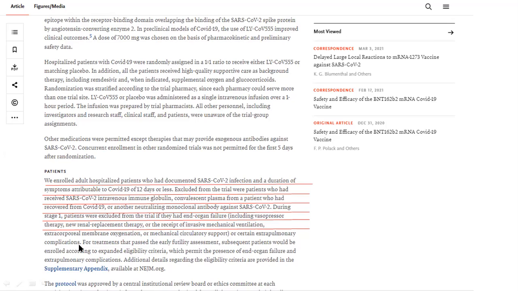So what is the purpose? The purpose here is that we are trying to check a new monoclonal antibody, and we want to see that whatever results we get from this monoclonal antibody are attributed to the drug only and not to any other therapy that was given concurrently. That is why we refined our criteria, and this is generally followed in almost all new drugs and clinical trials.